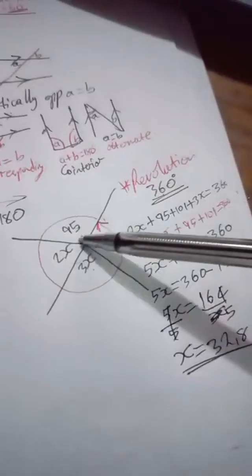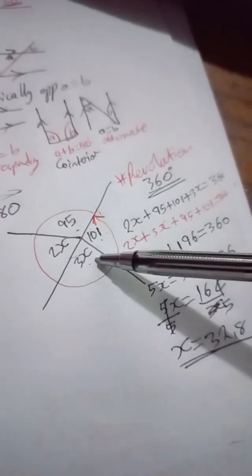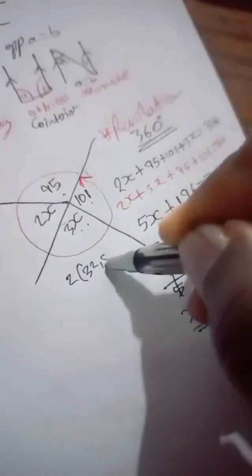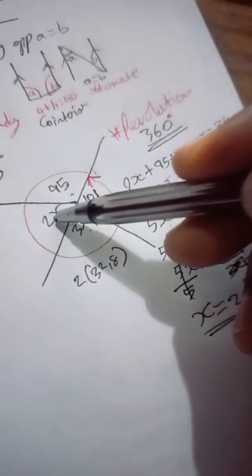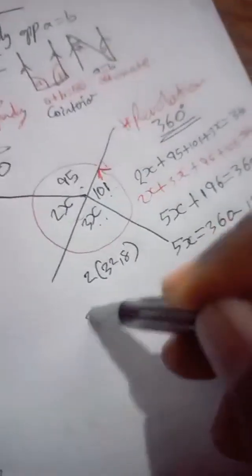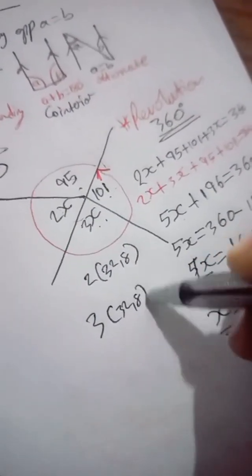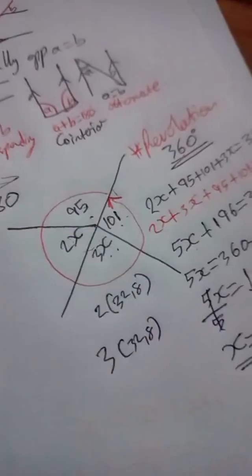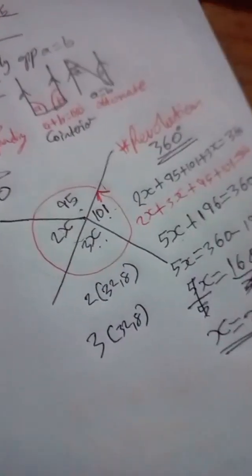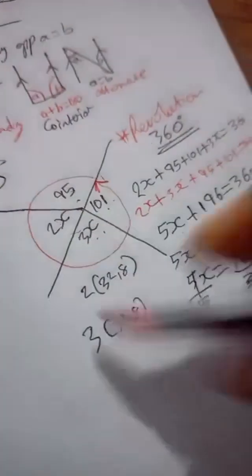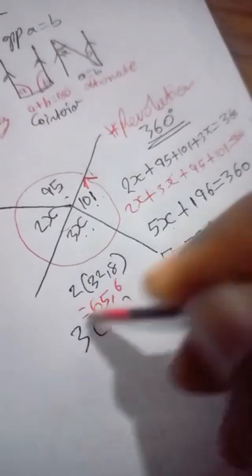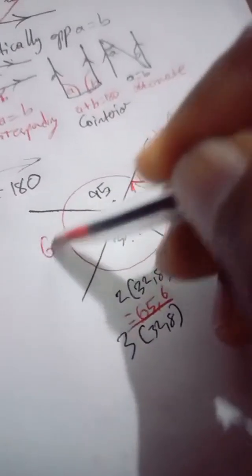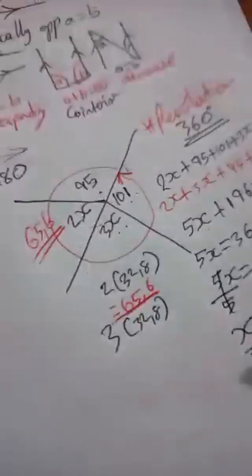We haven't found the value of this angle and this angle. So what are we supposed to do? We are supposed to replace x with 32.8. 2 times 32.8 is 65.6, which means this angle is 65.6 degrees.